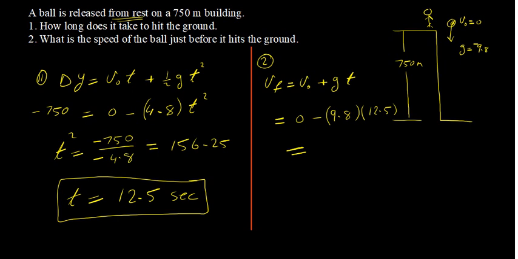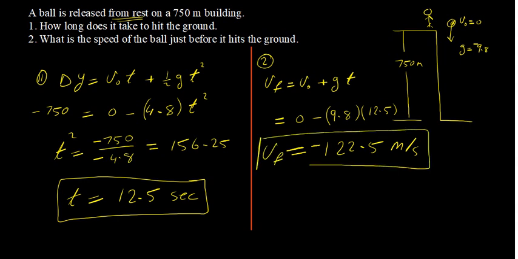It's 12.5 multiplied by 9.8, and that will give us 122.5 meters per second, and we definitely are not going to forget that it's negative, because it's telling us the motion of this object is gaining speed but downward. That's the negative to tell us it's going downward.